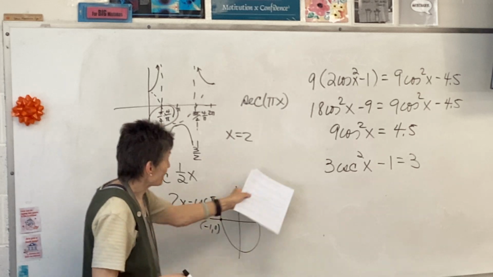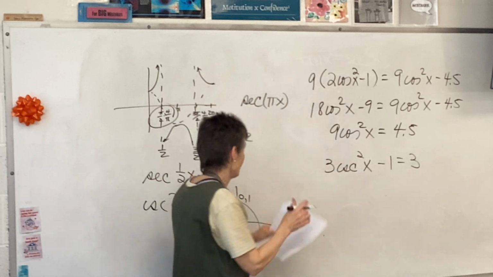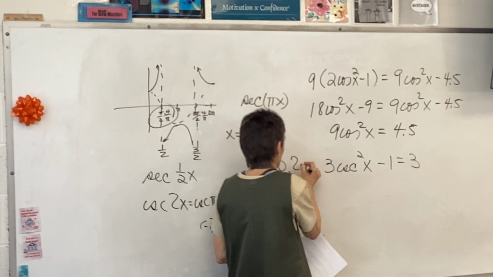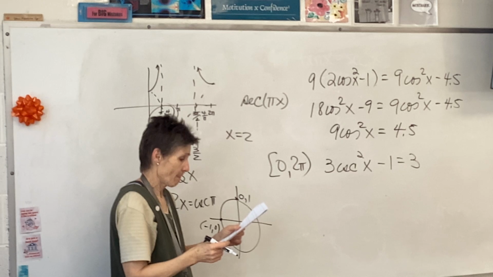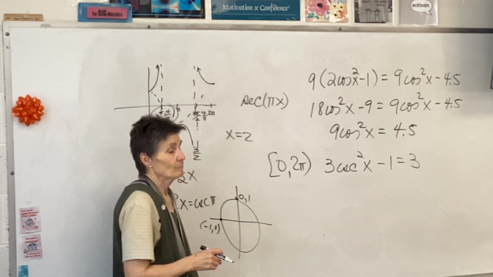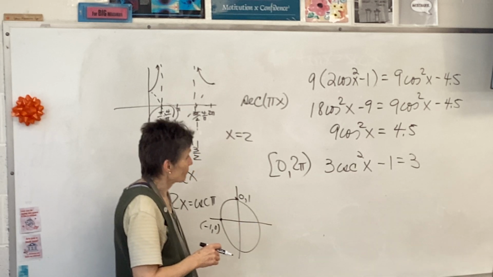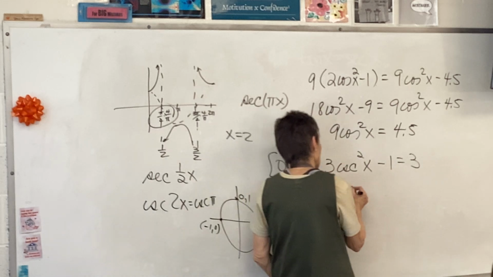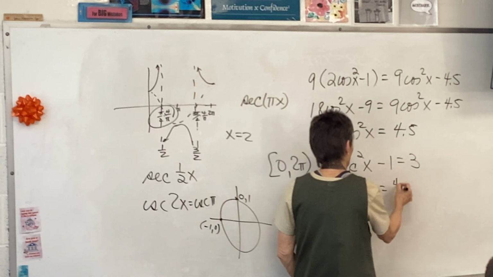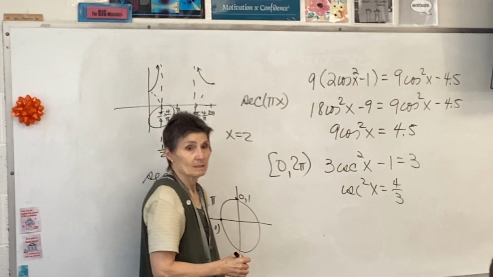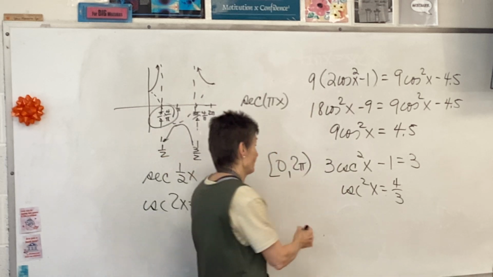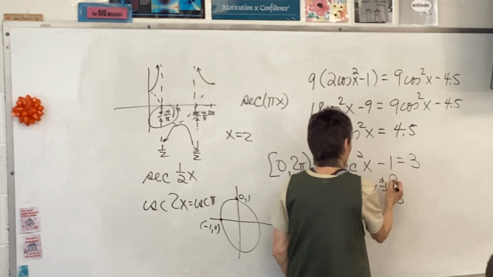All right, so now I got this equation right here. Any ideas on how to solve that guy? Add 1, divide by 3, that seems like a good choice. And then maybe square root, plus or minus.